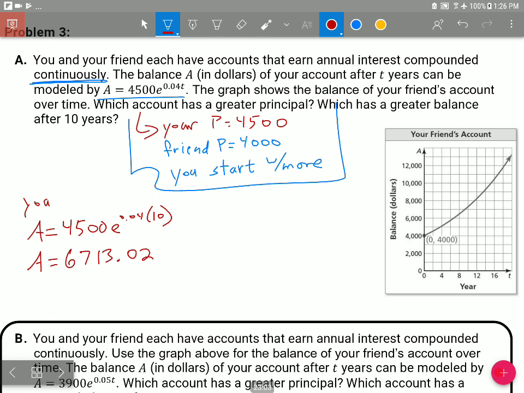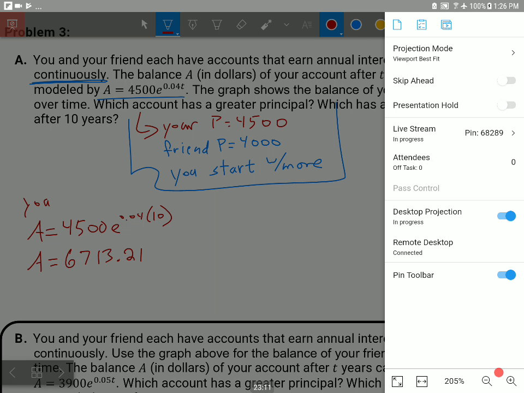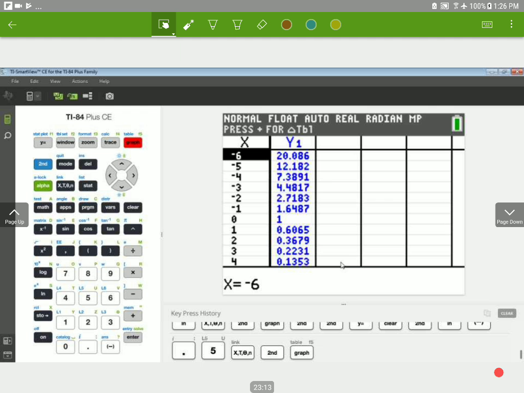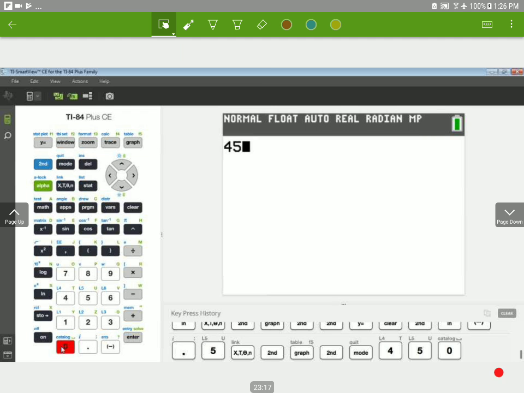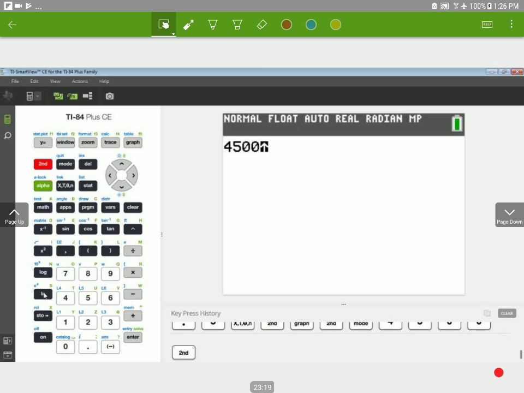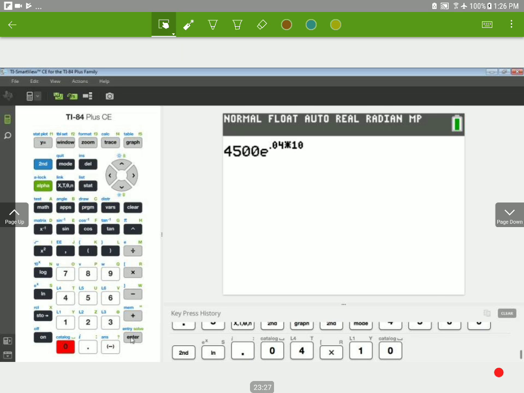What did I plug in for e? We went 4,500, second e, to the 0.04 times 10. And you got 6,713.21.